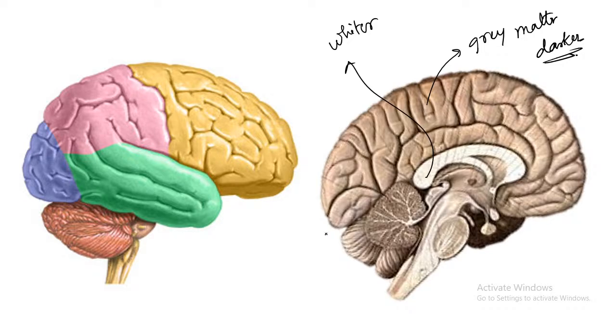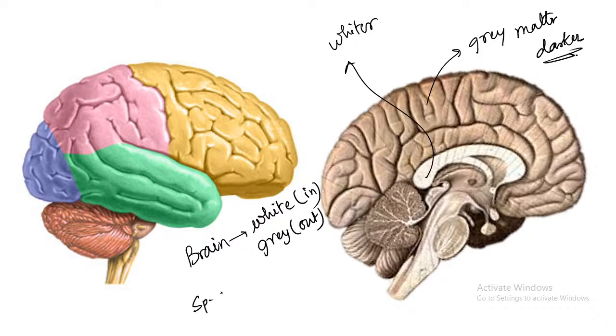All right. Now from here we can derive another conclusion: in brains, white matter is inside, gray matter is outside.